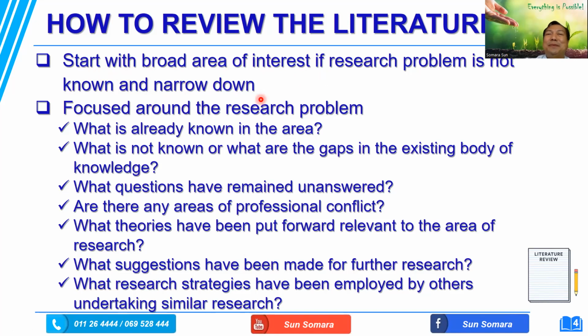Whenever you cannot find your research problem, or it is still too big to study, you need to read first and then narrow down. So what is the problem that you want to define or fill, right?